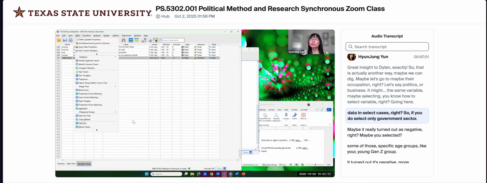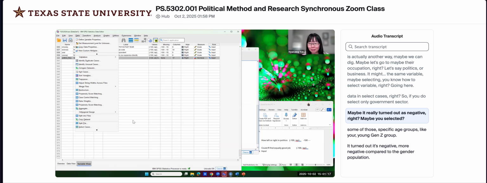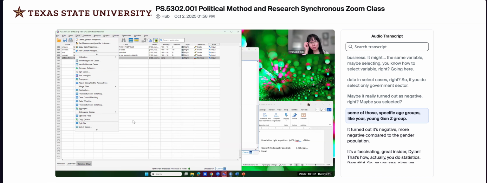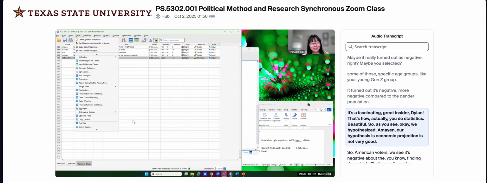So if you select only the government sector, maybe it really turns out negative, right? Maybe you select some specific age group, like your young Gen Z group, may turn out it's more negative compared to the general population. It's fascinating, great insight, Dylan.